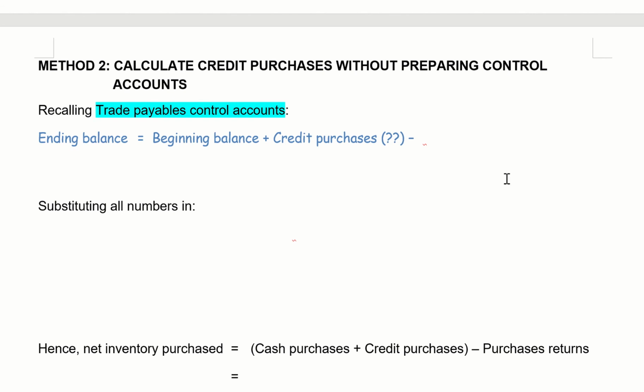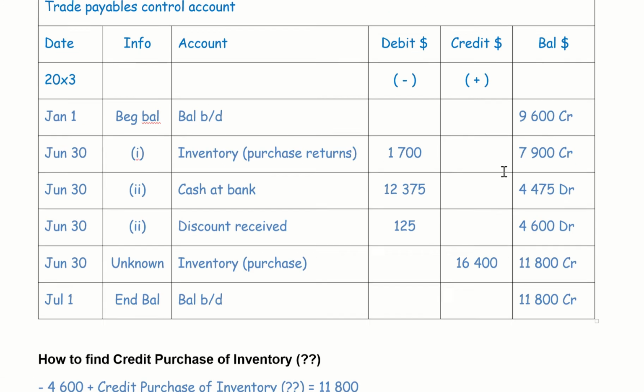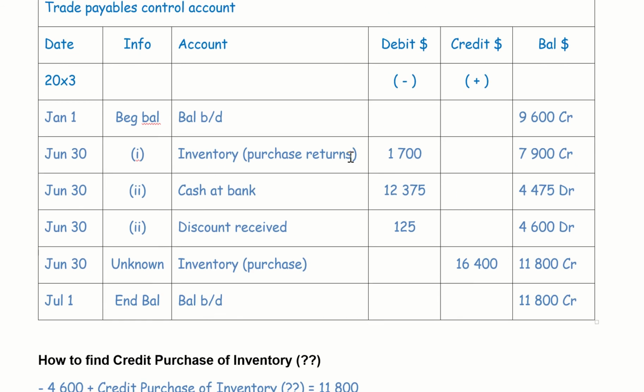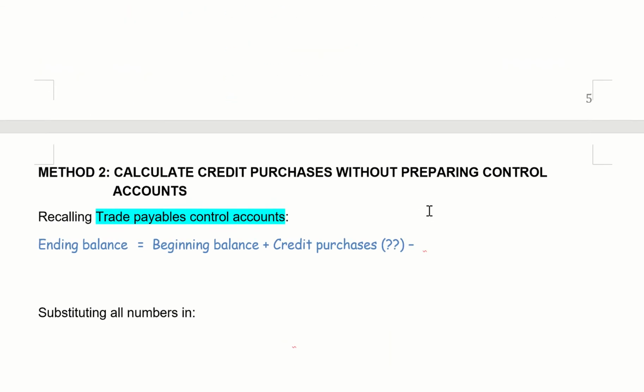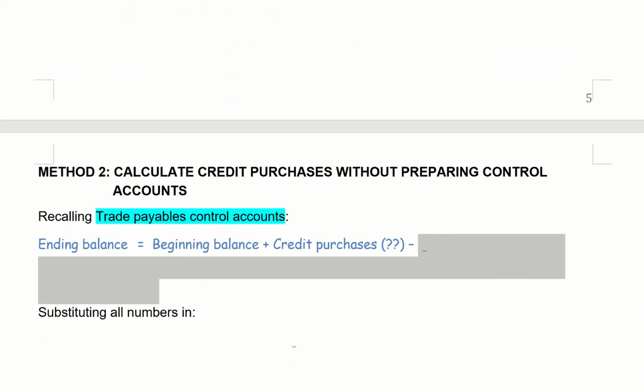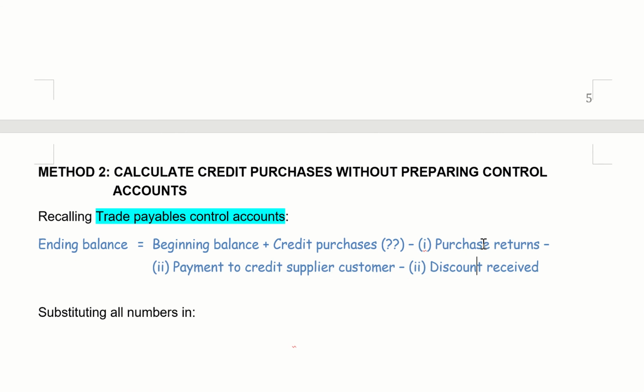And then after that, you follow the rest of your trade payables account: minus purchase returns, minus payment to your credit supplier, minus away the discount received.